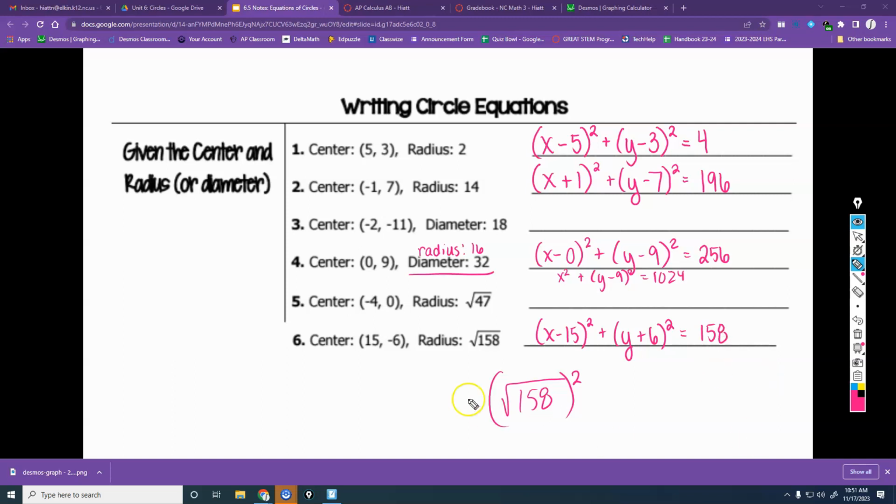When you have the square root of something and then you square it, those two undo each other. So you just get 158. Or you can type it in the calculator, and it's just going to give you 158 also. So for your radius, you're always putting it here and you're squaring it.